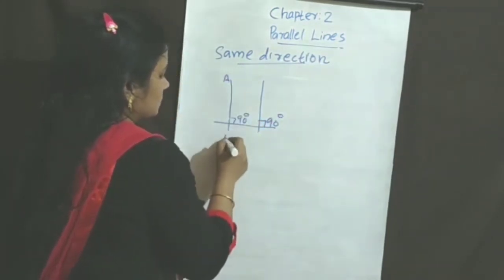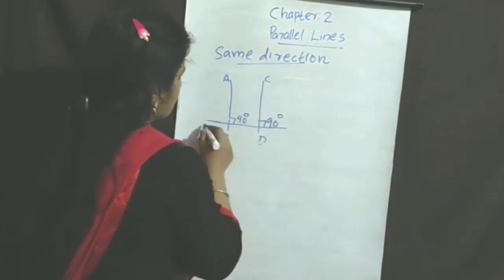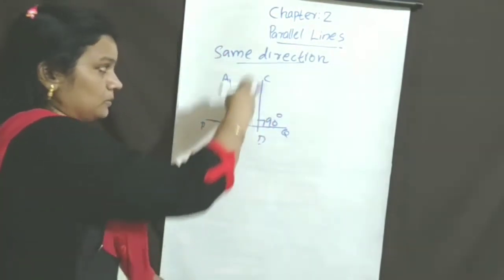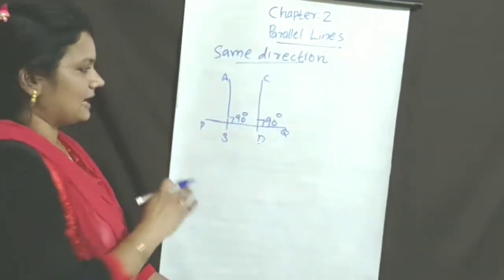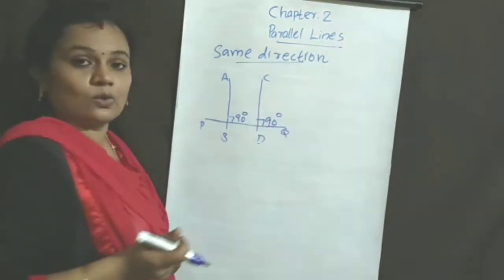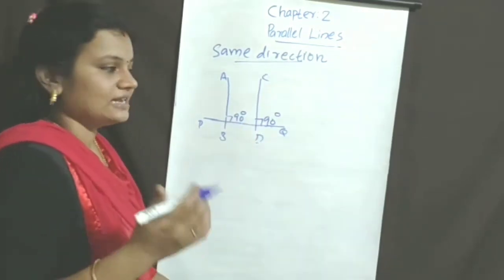Then we name these lines PQ, and the two perpendicular lines A, B, C, D, making the angles 90 degrees.